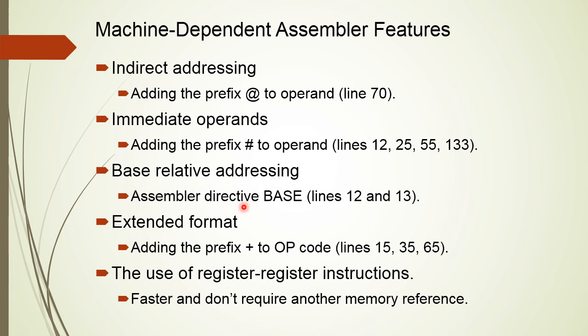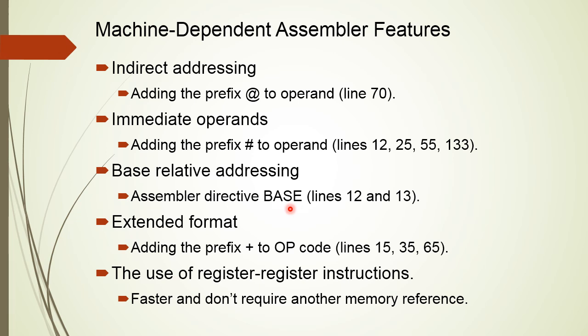If the instruction is of format 3 in SIC/XE, then you need to calculate the displacement. Displacement is calculated either by using PC relative, that is program counter relative, or by using base relative, depending upon the situation. If you want to calculate the address using base relative addressing mode, then you need the base register value.